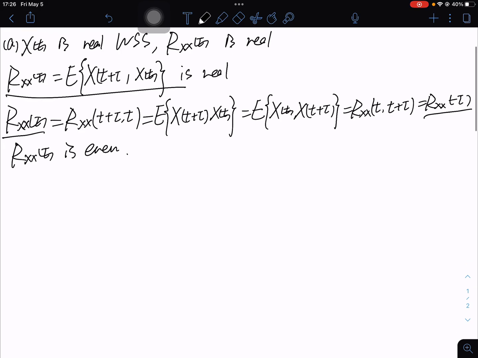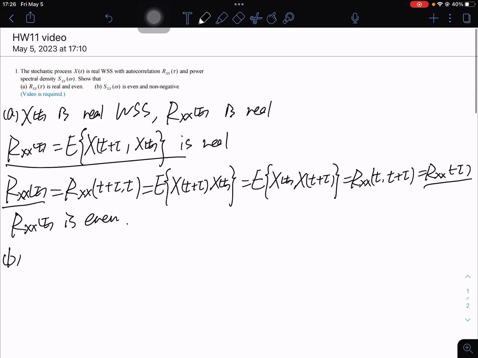Okay, let's look at question B. S_xx(omega) is even and non-negative. First, we prove that S_xx(omega) is even.